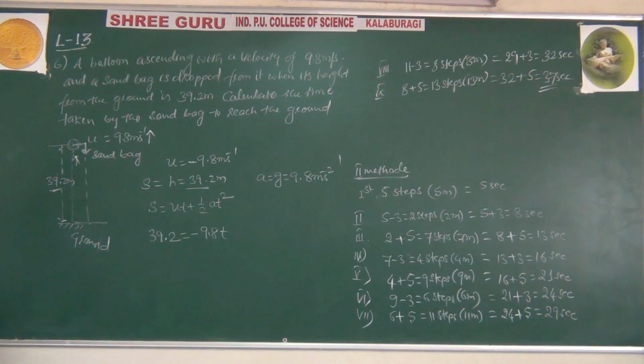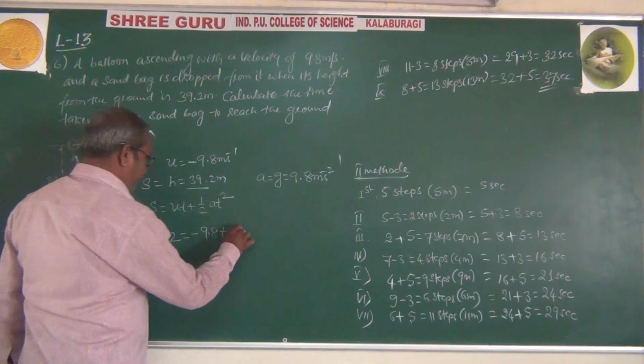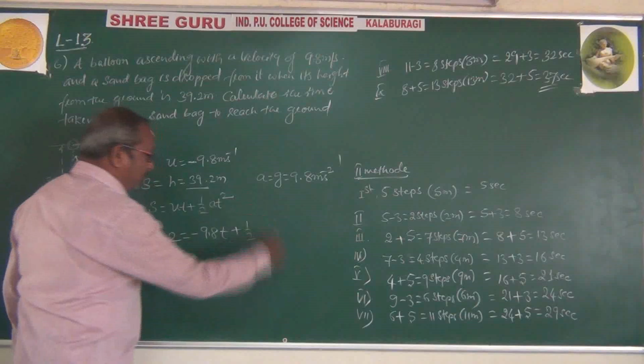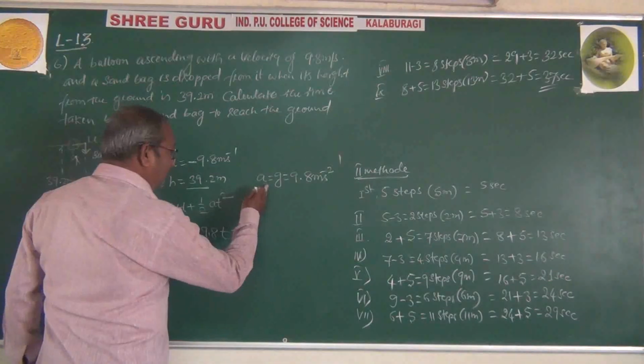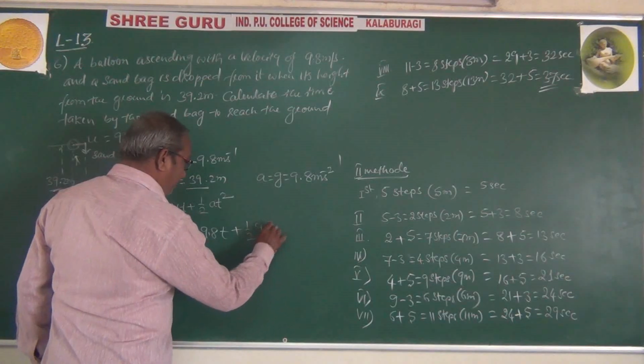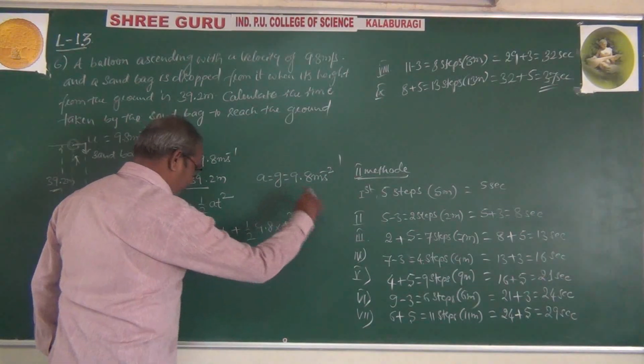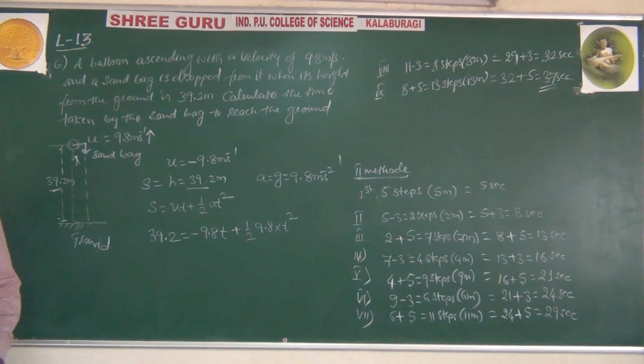Time is not given, we have to find it. Plus one by two a into t square. What is a here? 9.8 into t square. This is one method to calculate the time.